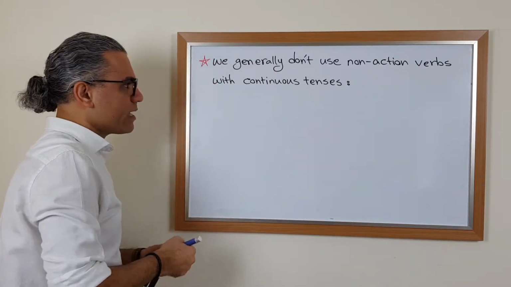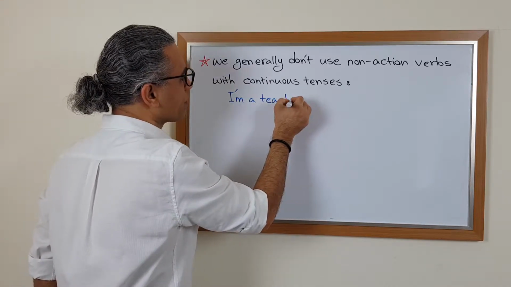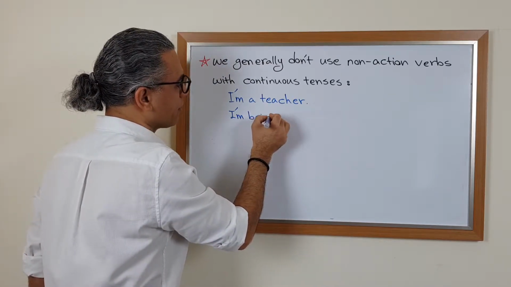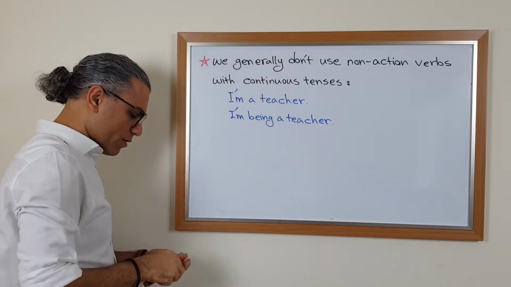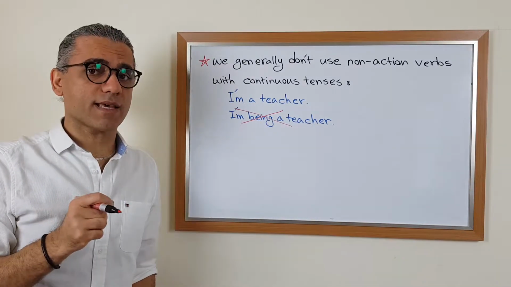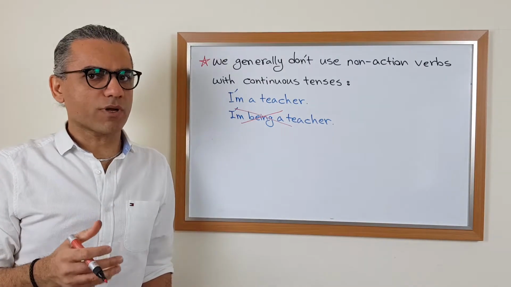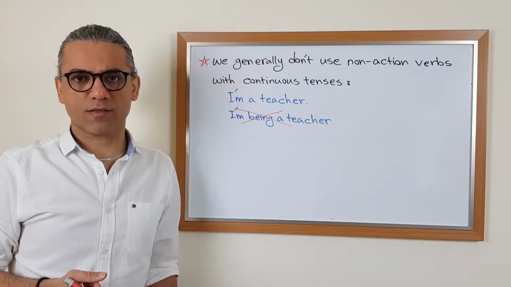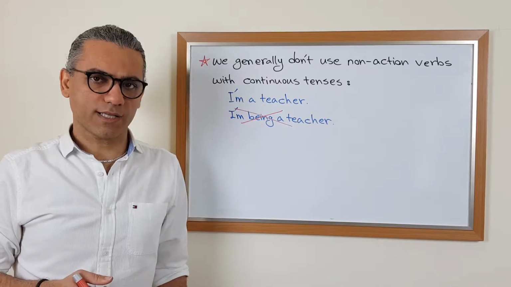Example, we say, I'm a teacher. We cannot say, I'm being a teacher. So, this is incorrect because to be in this example is a non-action verb. It is describing a state. So as a general rule, we don't use non-action verbs with continuous tenses like present continuous, future continuous, and all the other continuous tenses in English.